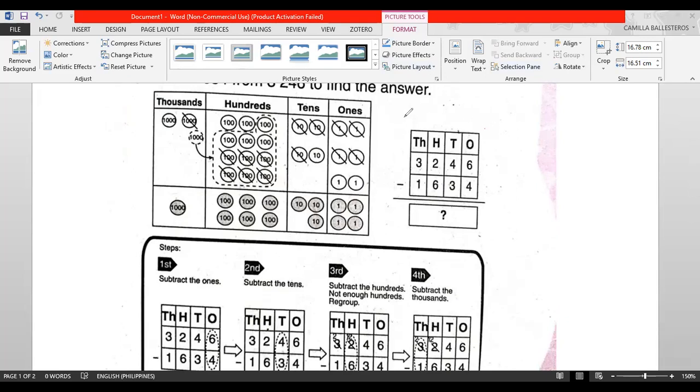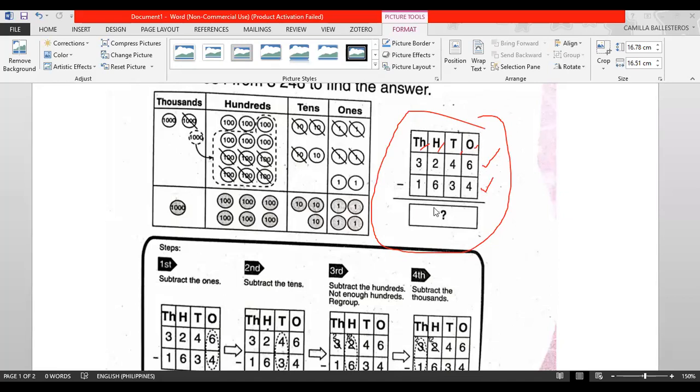We can arrange them in the place value chart like this one. We have the ones, tens, hundreds, and thousands. The eggs in the first poultry farm are 3,246 and the second poultry farm is 1,634. So how are we going to subtract the numbers?